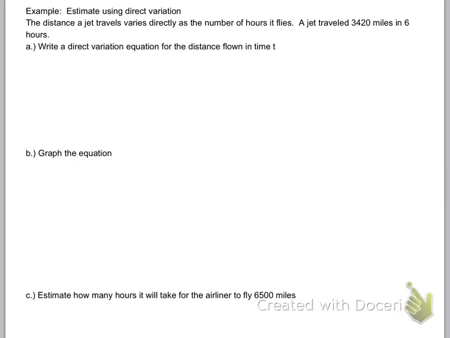A jet traveled 3,420 miles in 6 hours. A, write a direct variation equation for the distance flown, distance D, I forgot to put that on there, the distance, we'll use D, flown in time T. Then I want you to graph it. Stop there for now, and then we're going to predict.